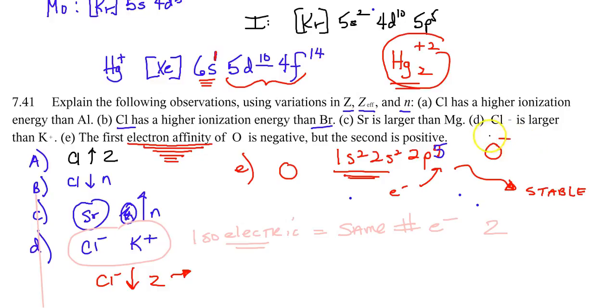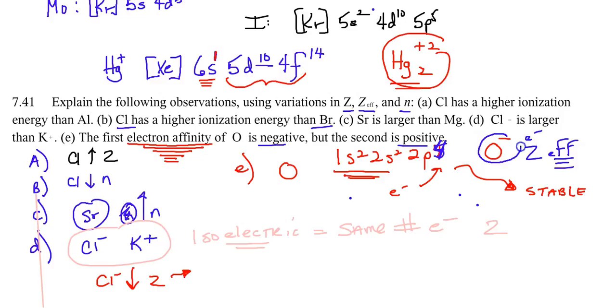This will now be positive to give an electron because the charge is now negative. So we have to answer why the first affinity is negative. Why is it stable to give an electron to the 1s2, 2s2, 2p4 valence? And the bottom line is, O negative has a smaller ZEF, effective nuclear charge. There's a lot more screening for this electron to jump in here.